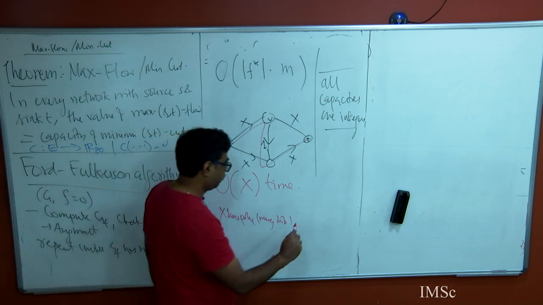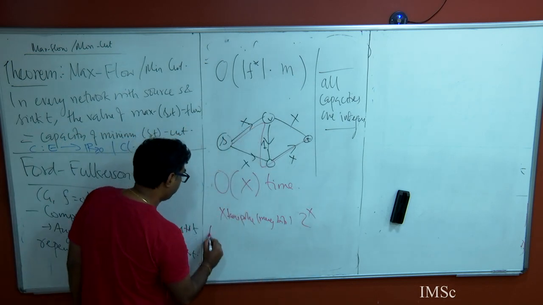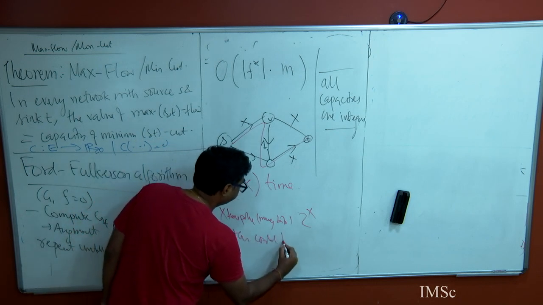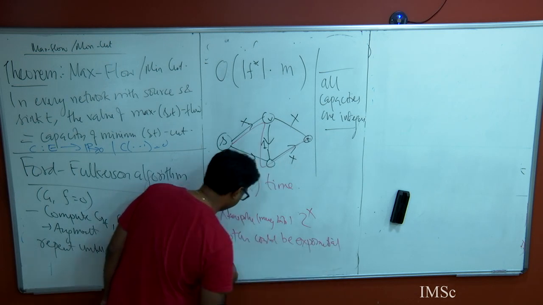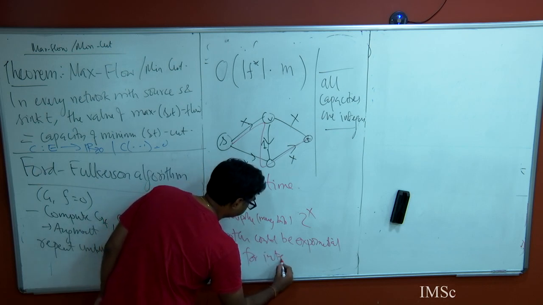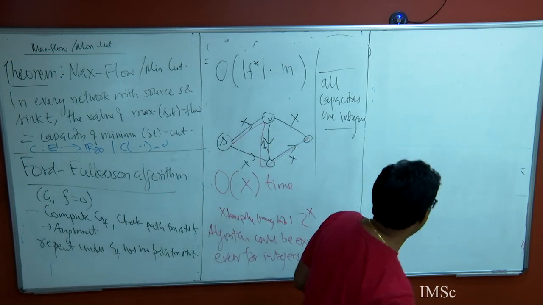It can actually store 2 power x, right? So this algorithm could be exponential, even for integers. Okay, and I'm not going through the example because I want to do another algorithm.